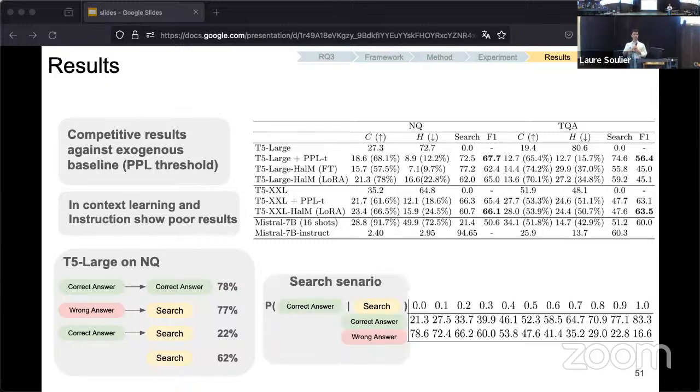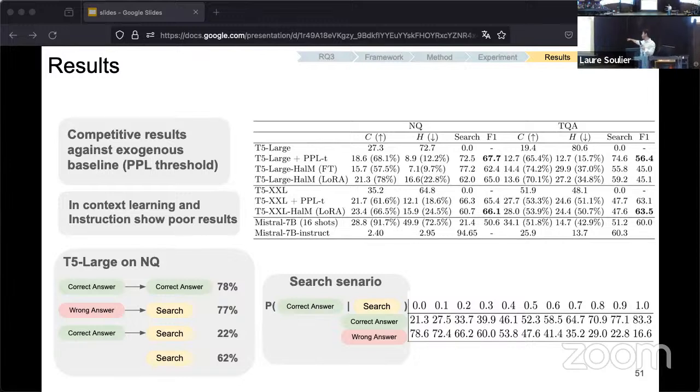We also wanted to see various scenarios. What's the probability of generating a correct answer after searching through a database? In the worst scenario, the probability is 0, so every time the model searches online, it returns a wrong answer.